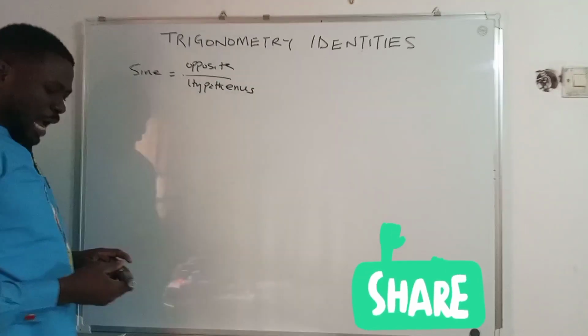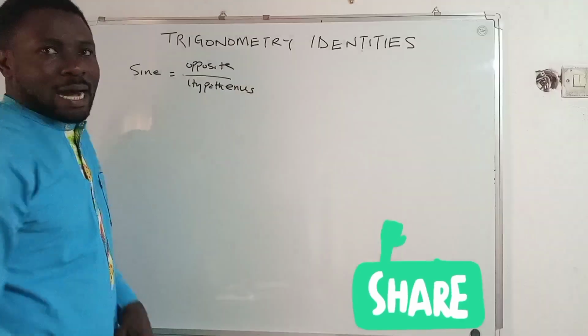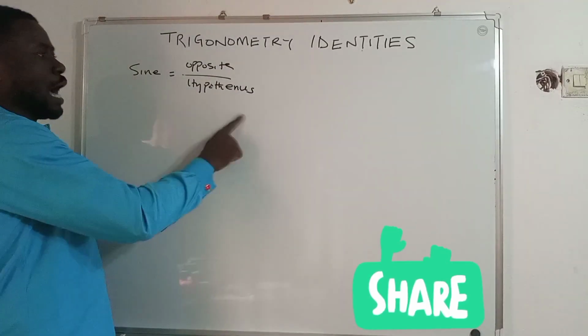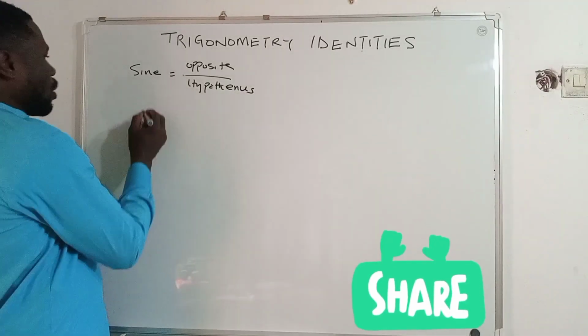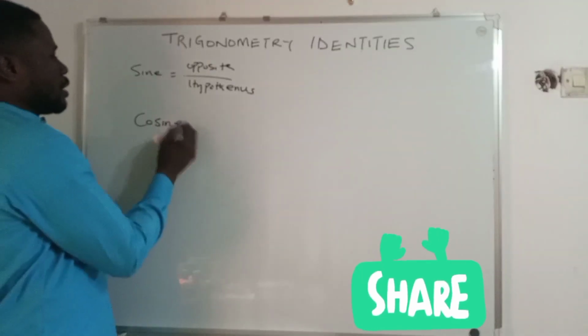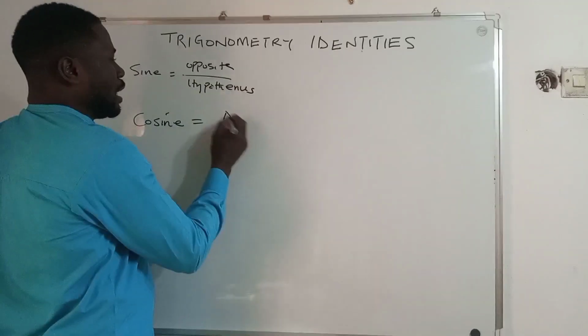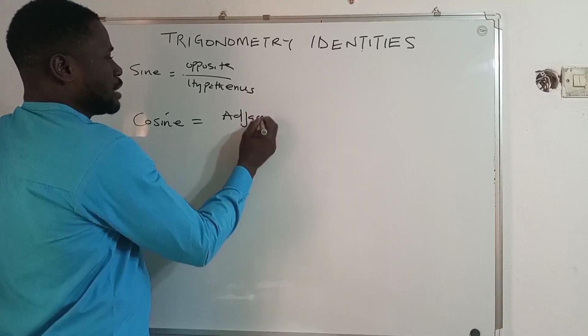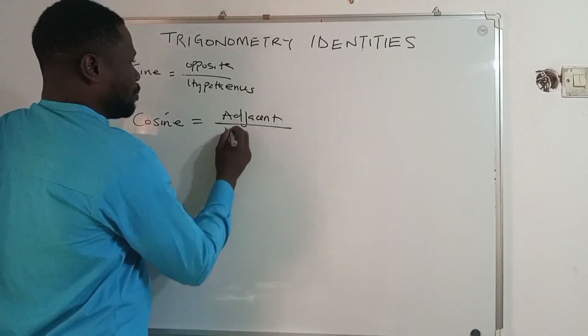The sine of any angle is always defined as opposite all over the hypotenuse. The cosine of any angle is defined as adjacent all over hypotenuse.